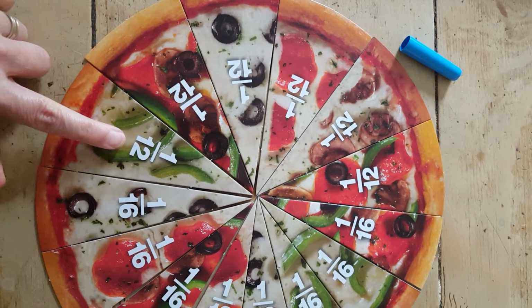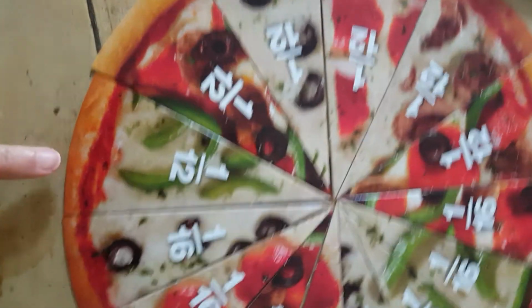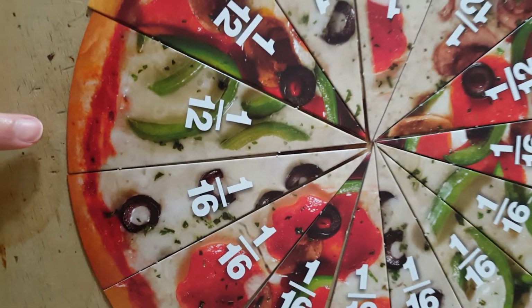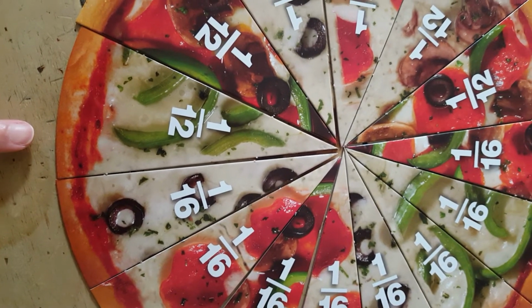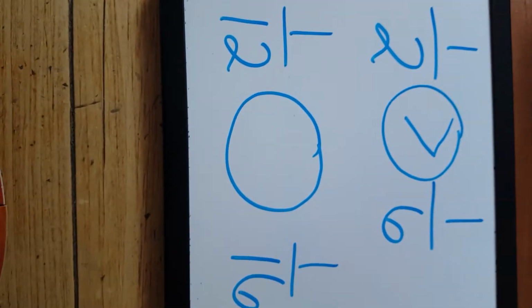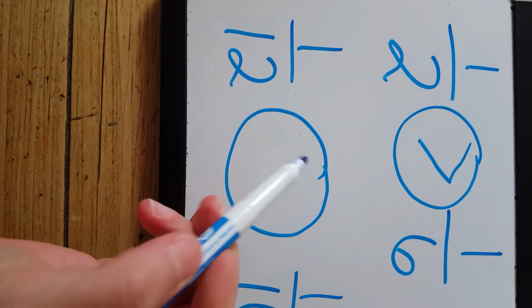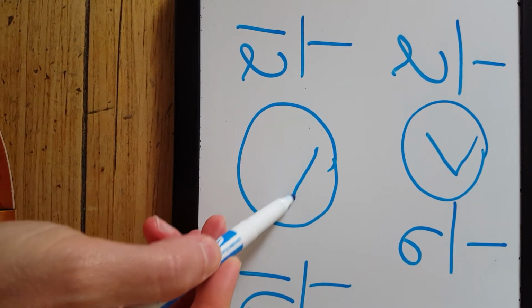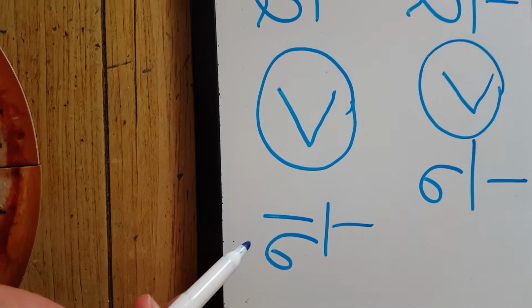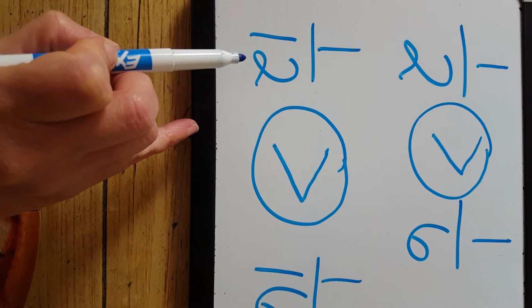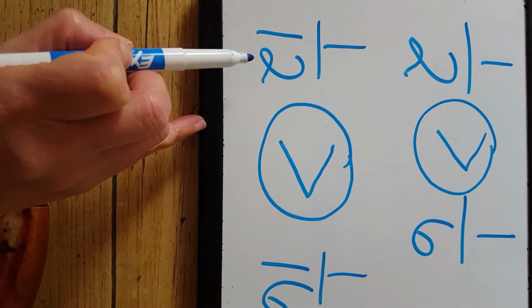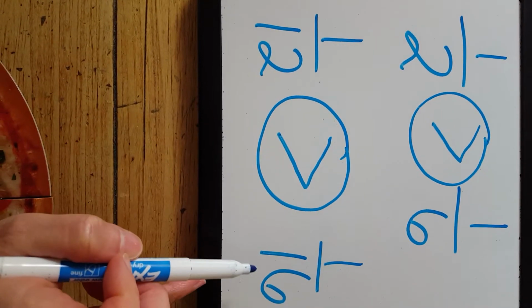Well, the 1/12 are larger than the 1/16, and you can see that when I do this up close. So looking at our comparison of fractions, we're going to say that the 1/12 is larger than the 1/16, even though 12 in a whole number is less than 16.